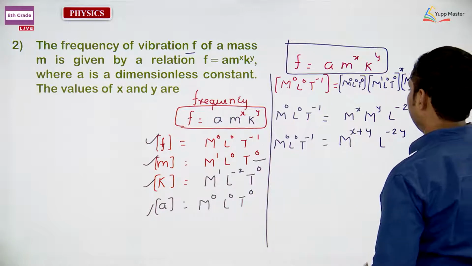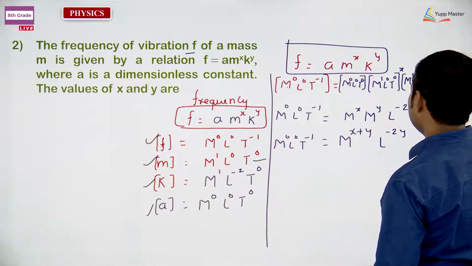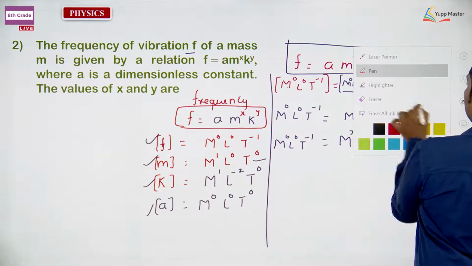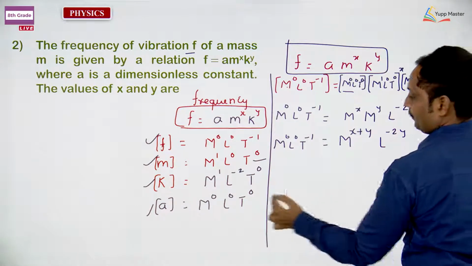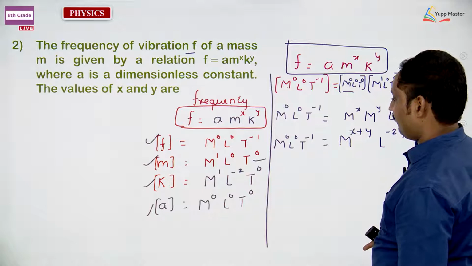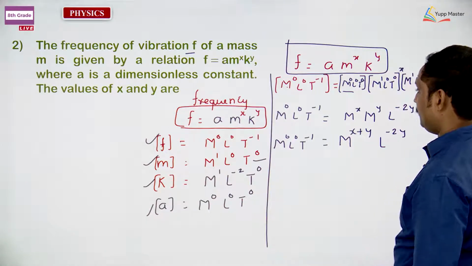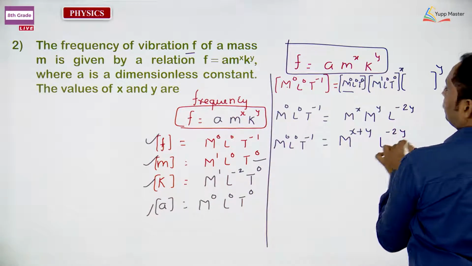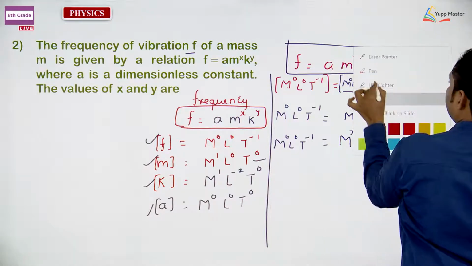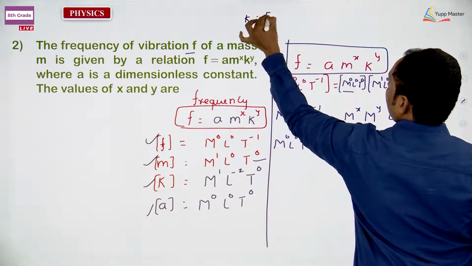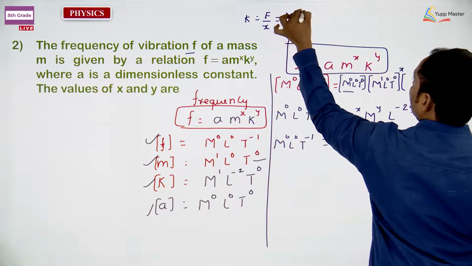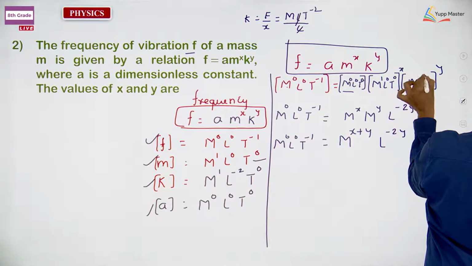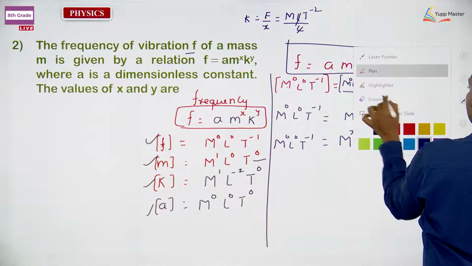Now easily you will find out that, please have a look. For k, k is equal to f by x, that is m l t minus 2 by l, l is going to cancel, so for k you will get m t power minus 2.